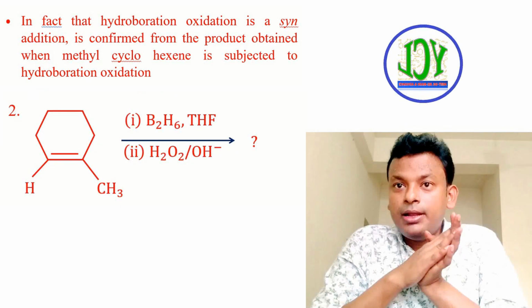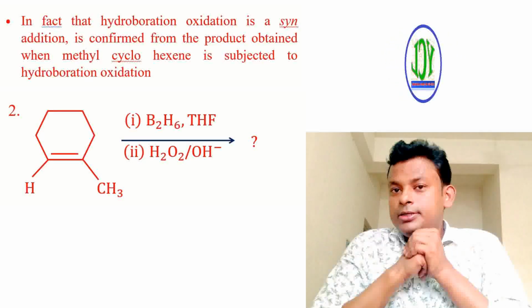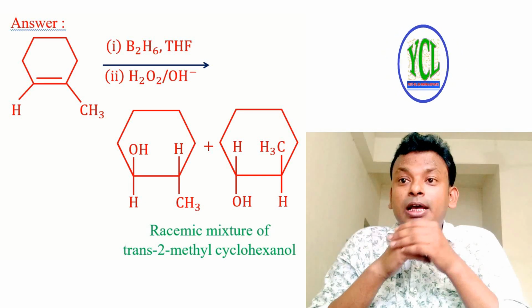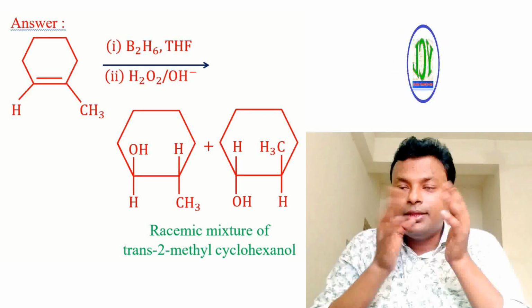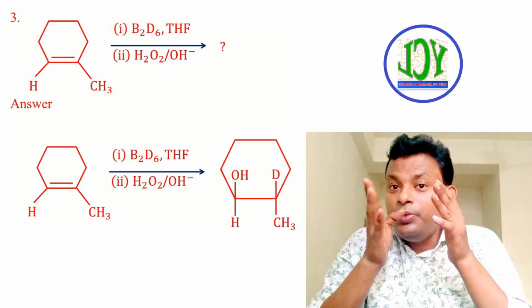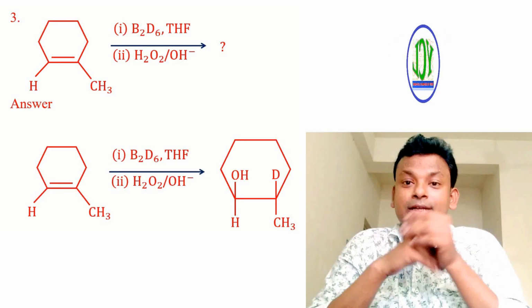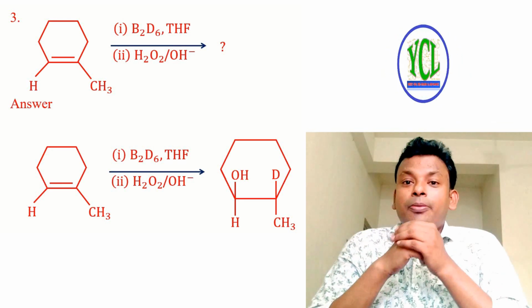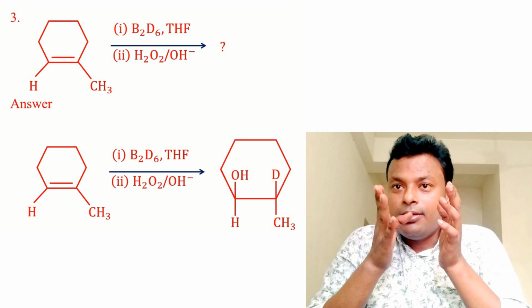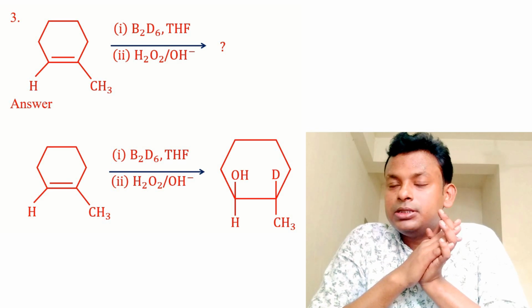In this example, the product is a racemic mixture, that is trans-2-methylcyclohexanol. Here is the same question, with B2D6, that is the isotope of hydrogen, and the same type of product forms, and this is the answer.